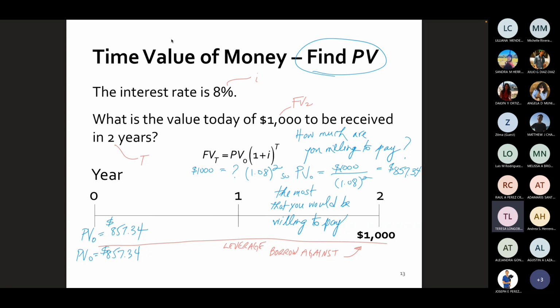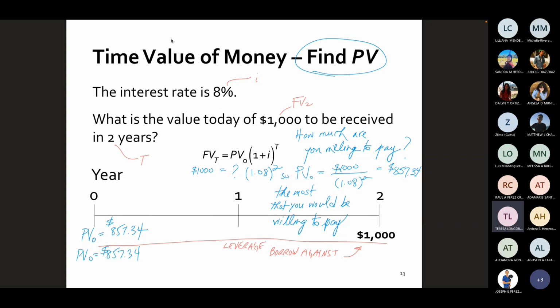So this is the idea. This is finance at work, right? This is the benefit of understanding time value of money. If I know $1,000 is coming, what value does that have to me today?